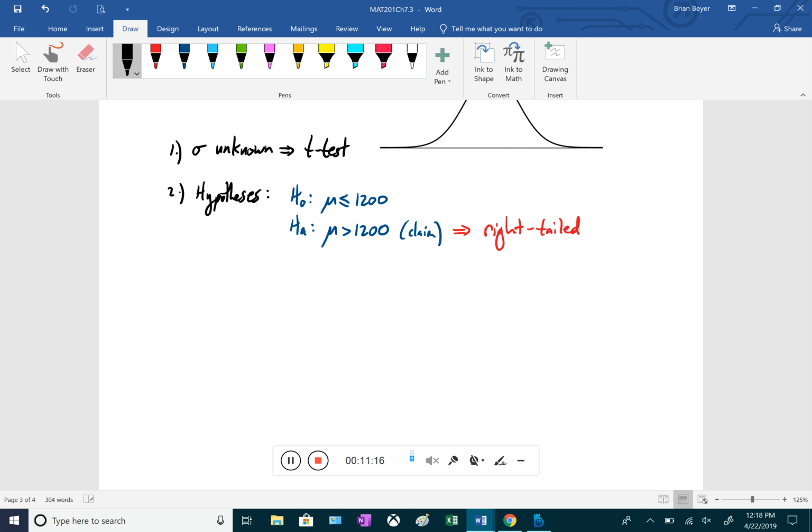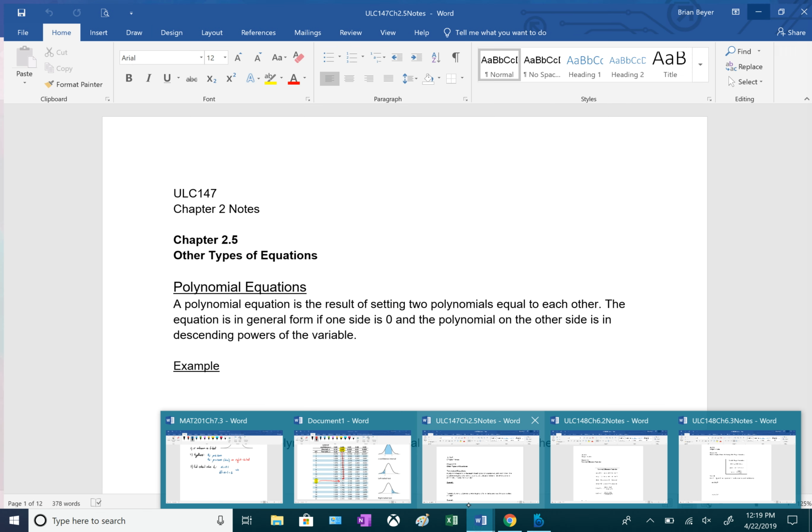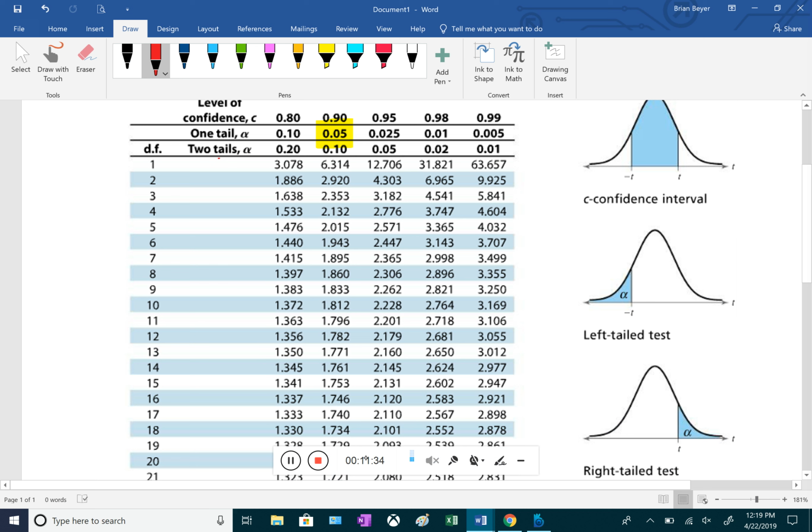Now we have to find the critical value on the table. We need alpha and the degrees of freedom. Alpha is 0.1. The degrees of freedom is n minus 1, which is 7 minus 1, so that is 6. Looking at the table, we have a one-tail test again, alpha was 0.1, degrees of freedom was 6.